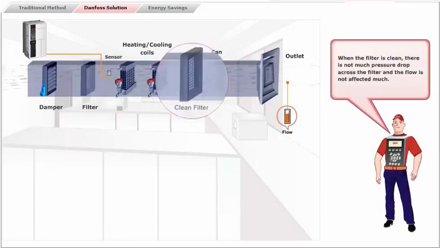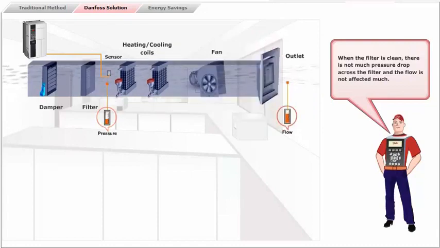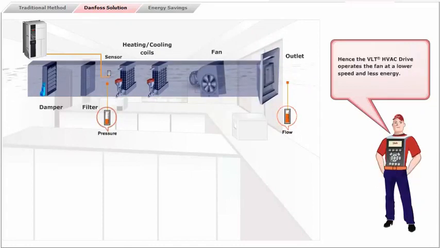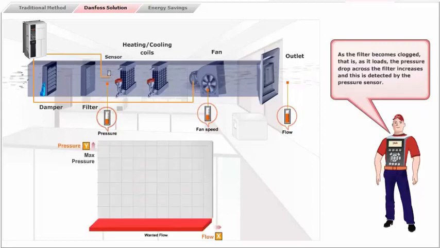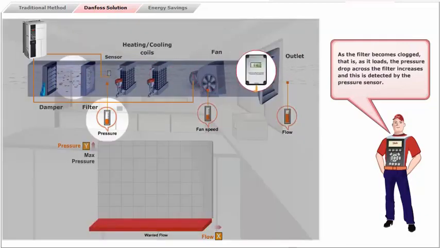When the filter is clean, there is not much pressure drop across the filter, and the flow is not affected much. Hence the VLT HVAC drive operates the fan at a lower speed and less energy. As the filter becomes clogged, that is, as it loads, the pressure drop across the filter increases, and this is detected by the pressure sensor.